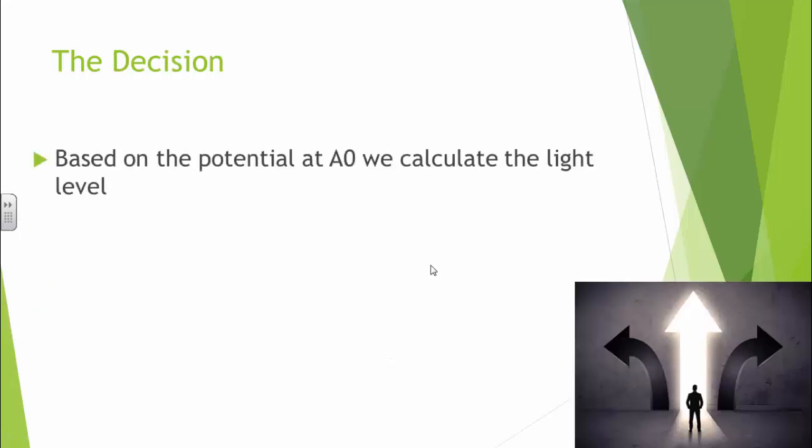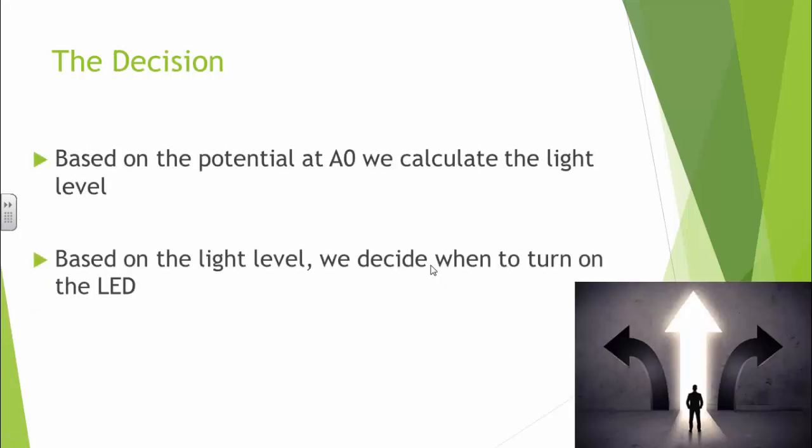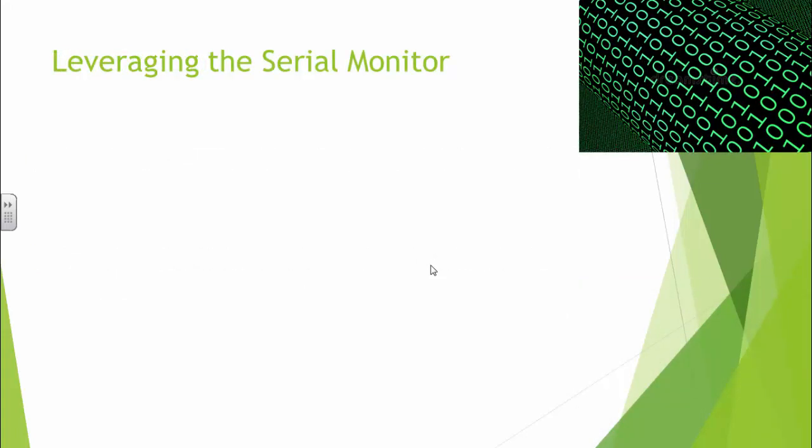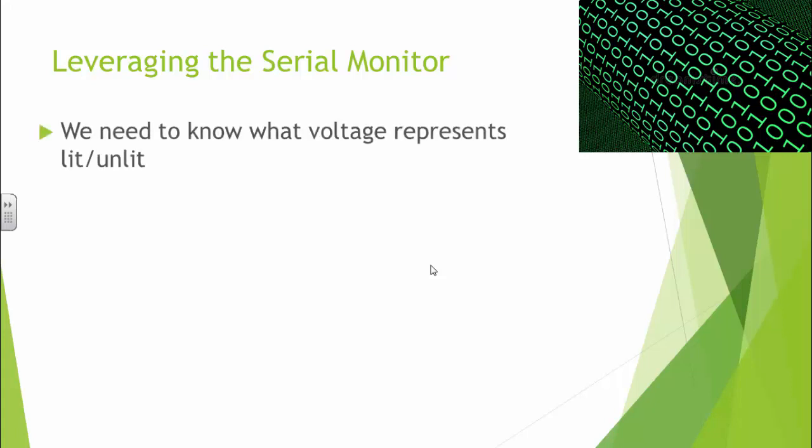Okay, so once we have that potential measured at A0, we can calculate the light level and decide when to turn on our LED to implement our night light. Now here's where the serial monitor starts to show its value.